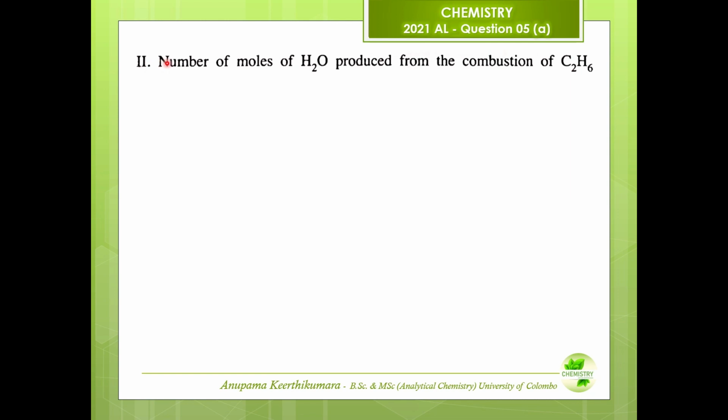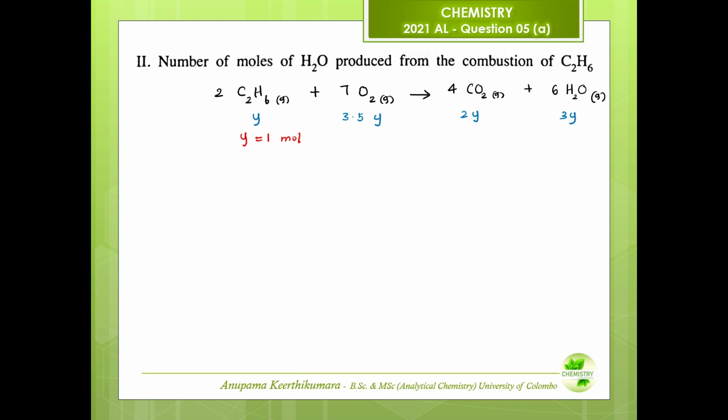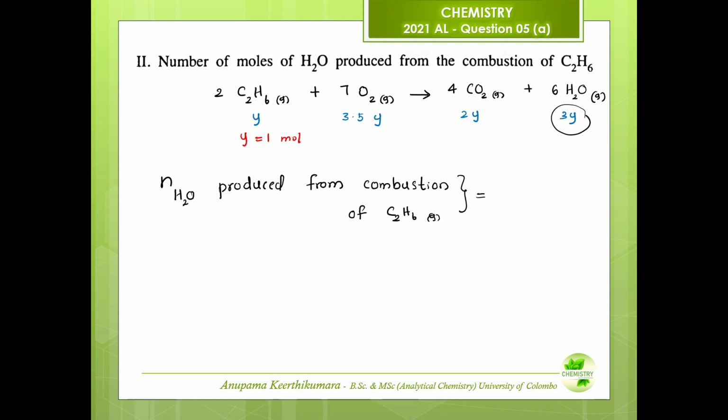Part 2 of question number 5. Number of moles of H2O produced from the combustion of C2H6. From the previous question, we have calculated the initial number of moles of C2H6 gas, that is 1 mole. Now we have to calculate the number of moles of H2O produced from C2H6. You can see it's 3y moles. Therefore, the number of moles of H2O gas produced from the combustion of C2H6 gas is 3 moles.